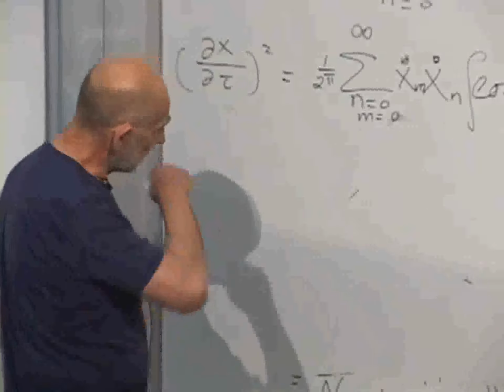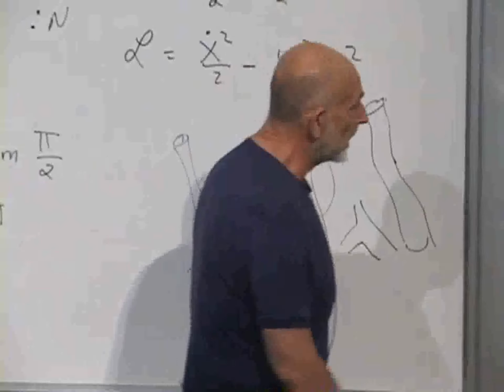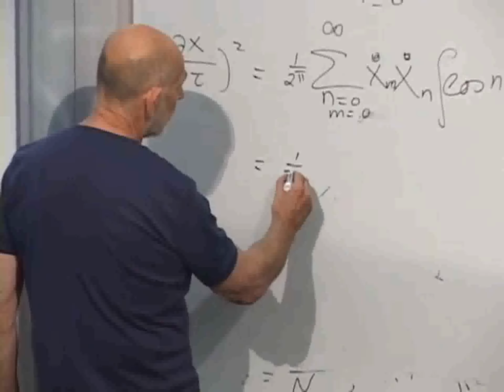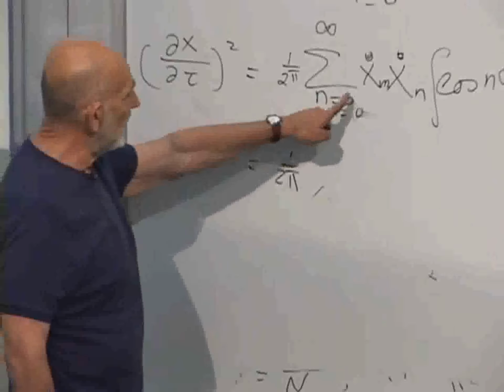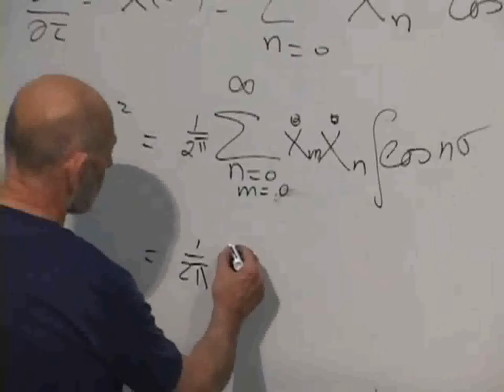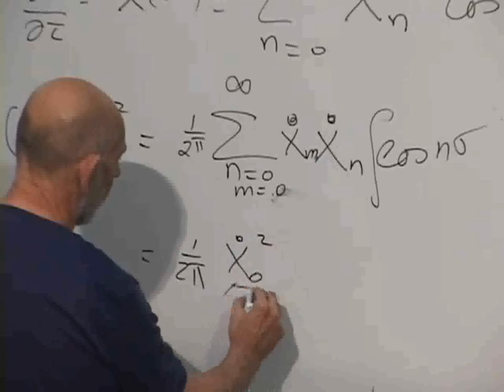So in other words, we're going to get a single sum, not a double sum. What will be in the single sum? Now, the first term is going to come from n equals 0 and m equals 0, and that is just x0 dot squared divided by 2.